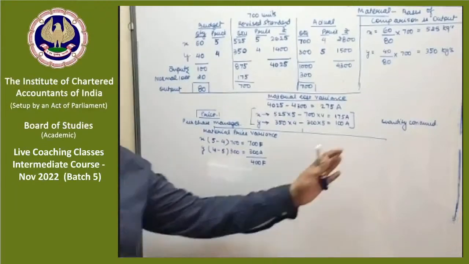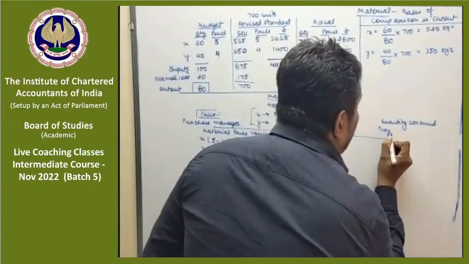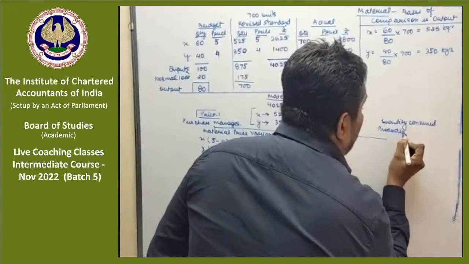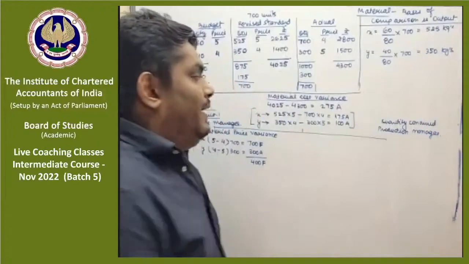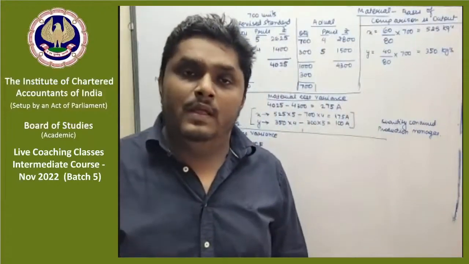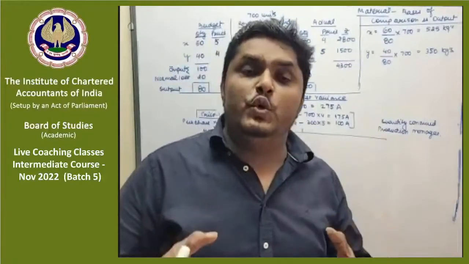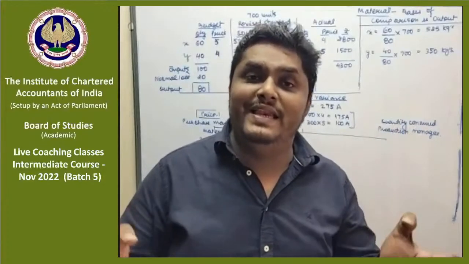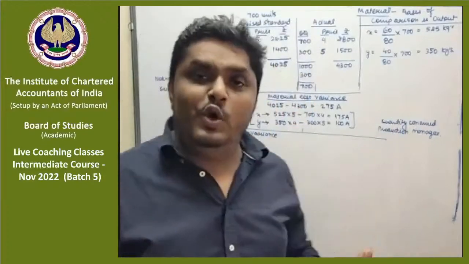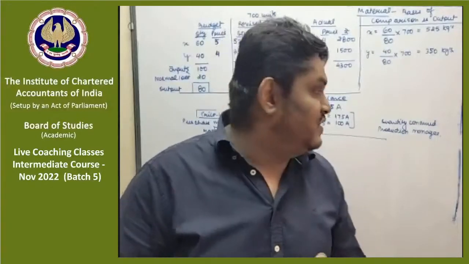So guys, can you tell me how much loss is due to the inefficiency of the production manager? I repeat again, can you tell me how much loss the company suffered due to the inefficiency of the production manager?